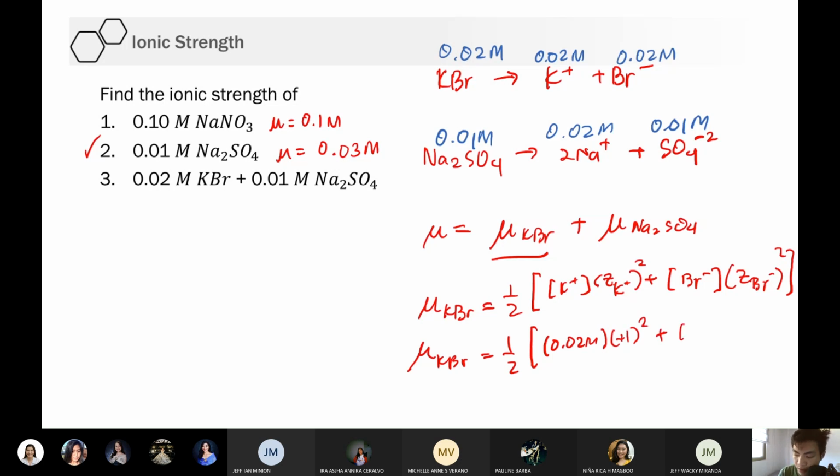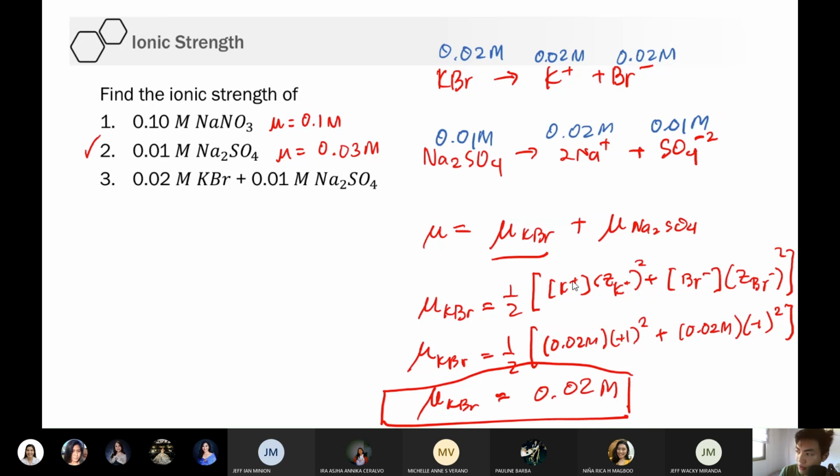The concentration of bromide is 0.02 as well, charge is negative 1, then you get the square. Overall, the ionic strength of KBr solution will be 0.02 molar. So all of this is equal to 0.02 molar.